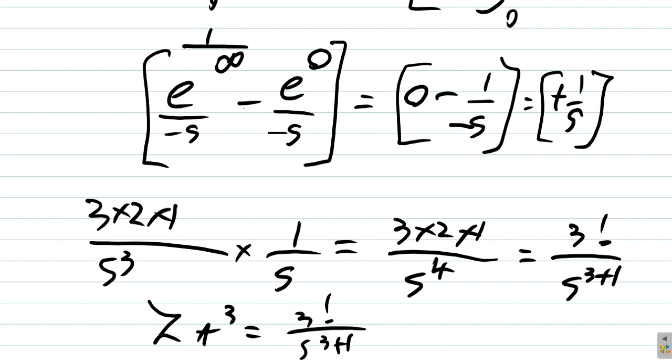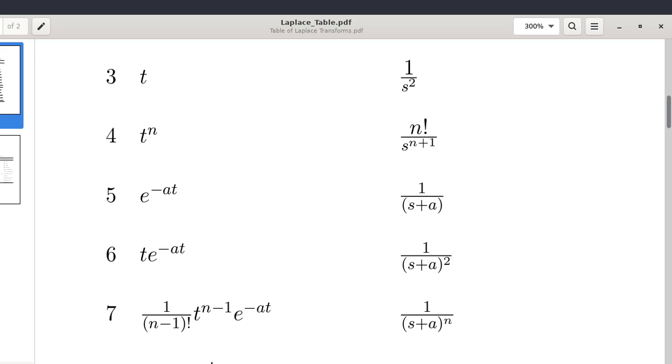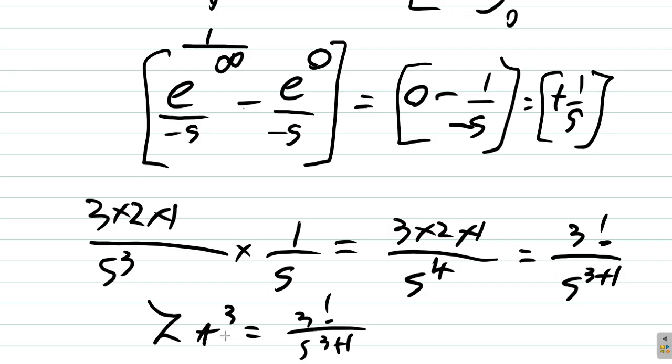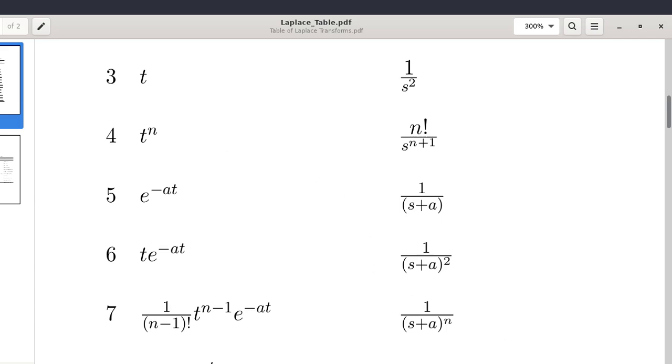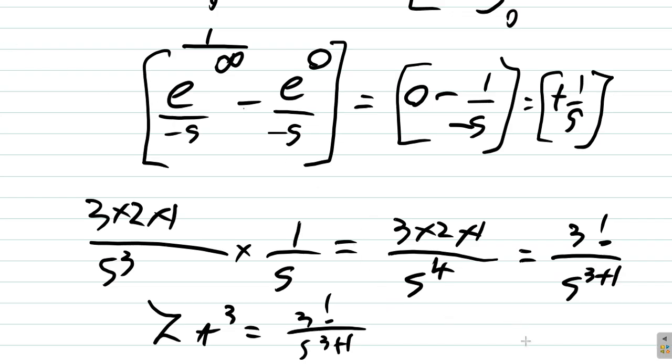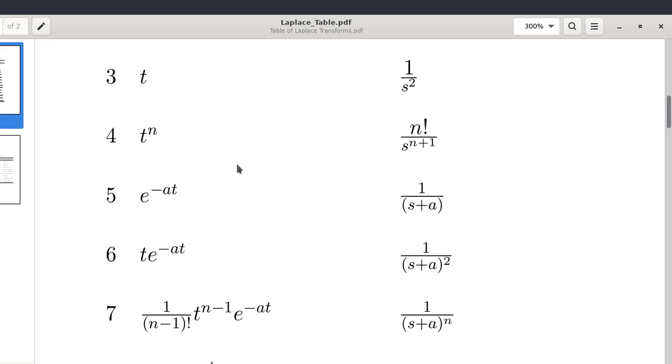Now, it kind of looks like the Laplace transform of t to the n is n factorial over s to the n plus 1. The Laplace transform of t to the 3 is 3 factorial over s to the 3 plus 1. Right, so that's one specific example showing that the Laplace transform of t to the n is n factorial over s to the n plus 1.